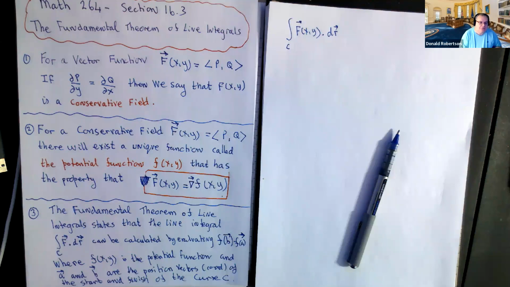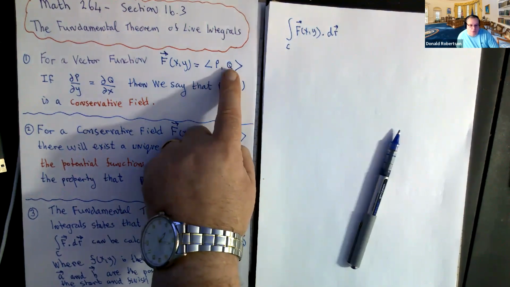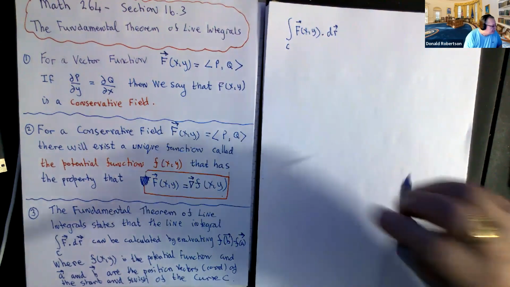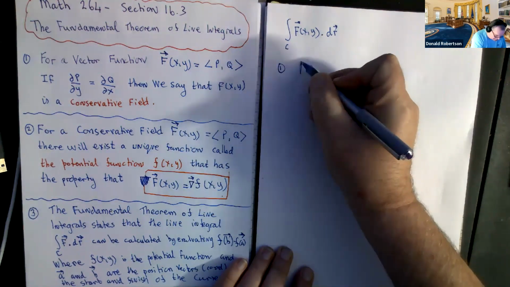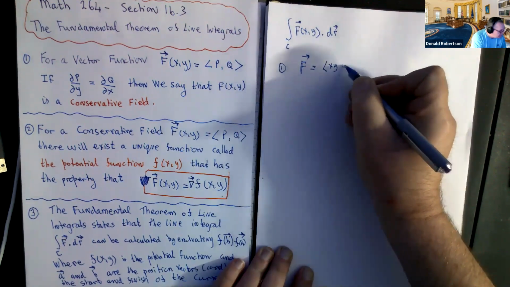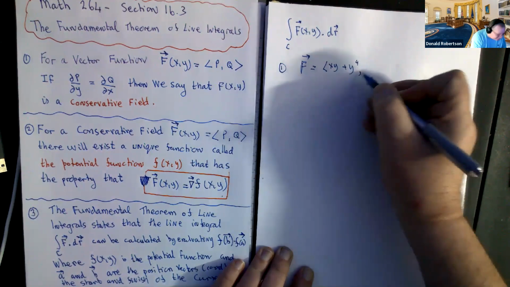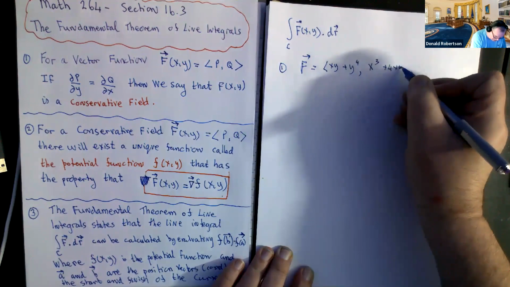So what's the test for a vector field to be conservative? Well, the derivative of the first term with respect to y must equal the derivative of the second with respect to x. So an example of that might be question 1. Here we have our field, and the first component is xy plus y to the 4, and the second is x cubed plus 4xy.